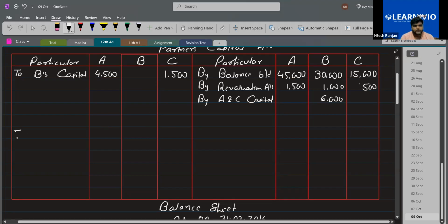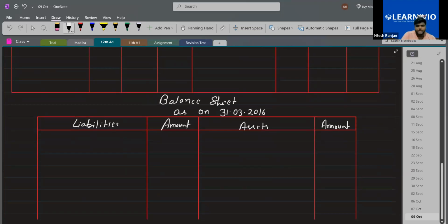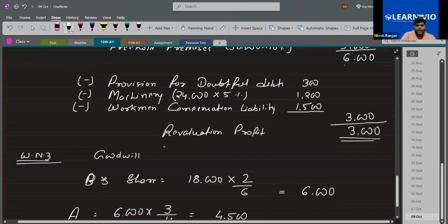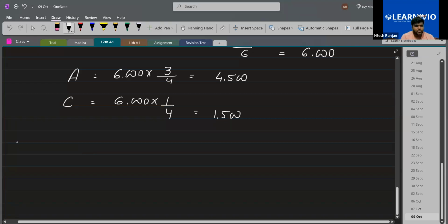Now, according to point number G, entire capital of the firm as newly constituted be fixed at 60,000. So new capital is given. So we have to calculate proportionate capital.